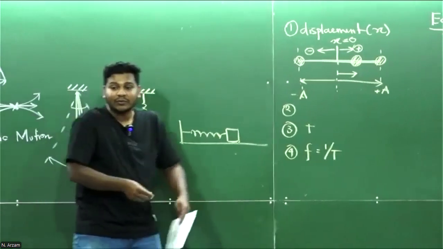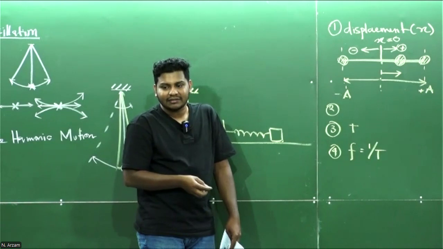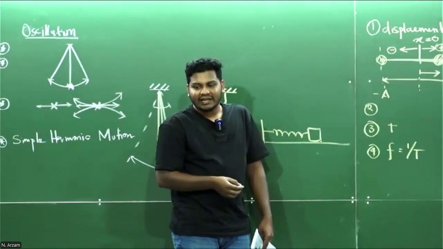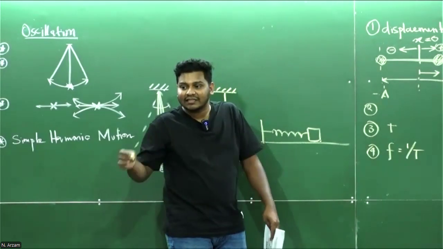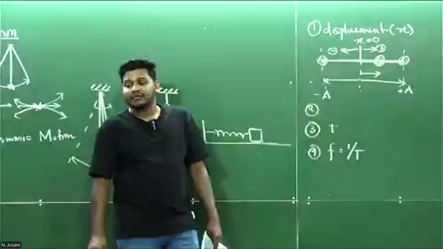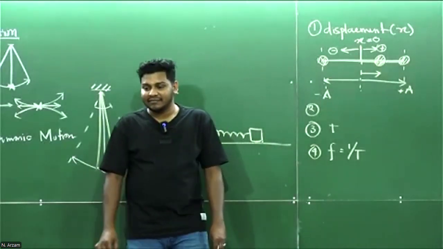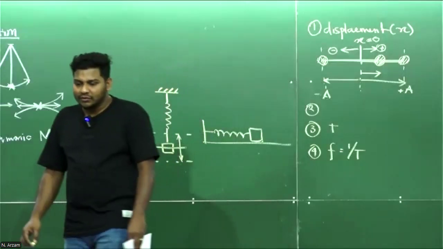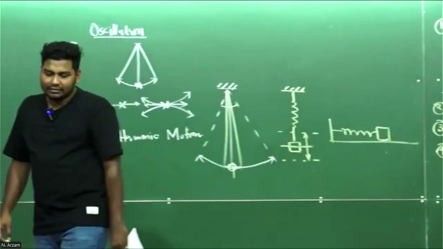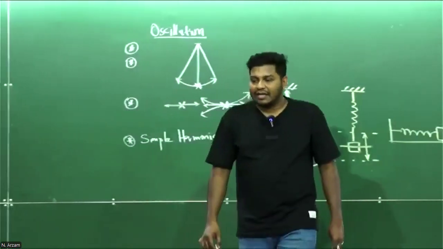X is equal to A sine theta. We proved in our last class with a circle all three equations, for the displacement, for the velocity, and the acceleration. Is that in your notebook? Yeah, those equations we studied.